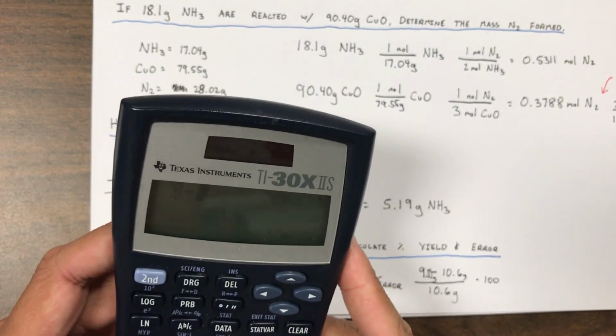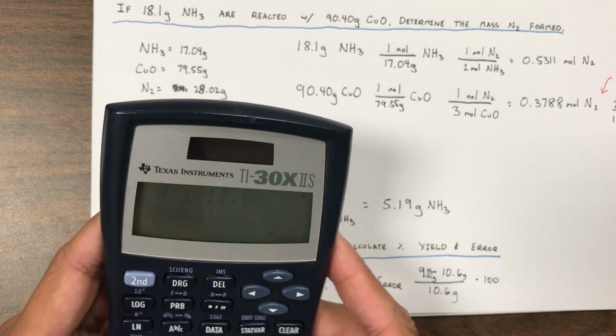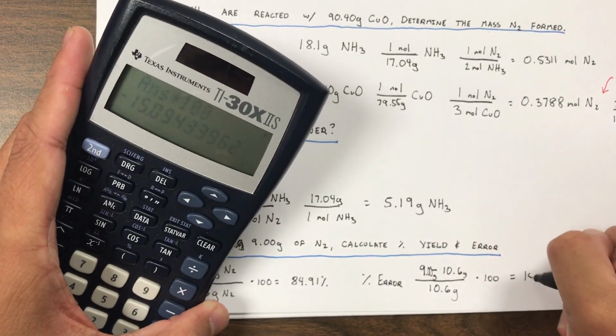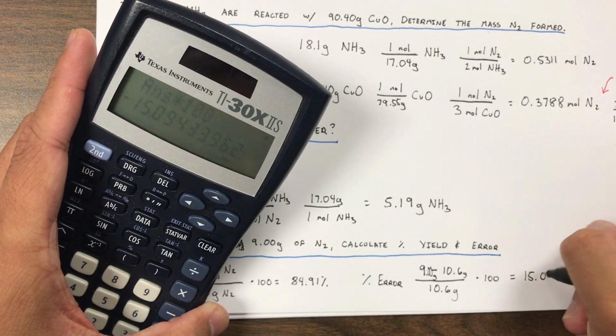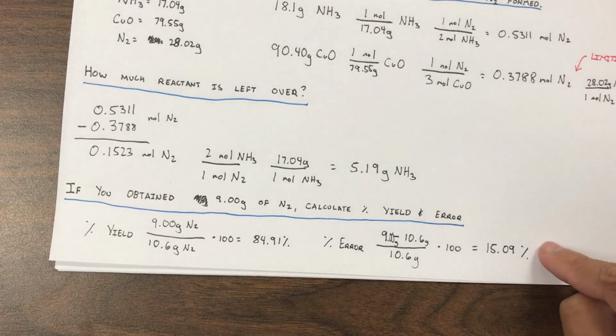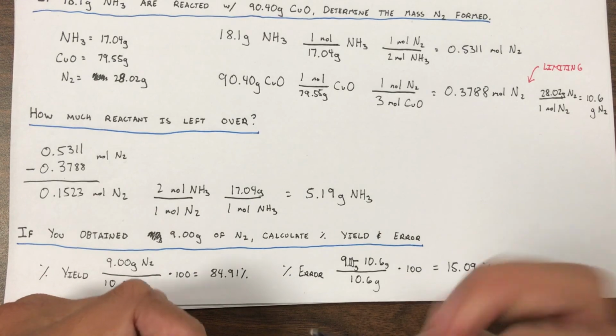And we get about 15.09% error. It's a pretty large percent error. We lost some product there that we were supposed to get at the end.